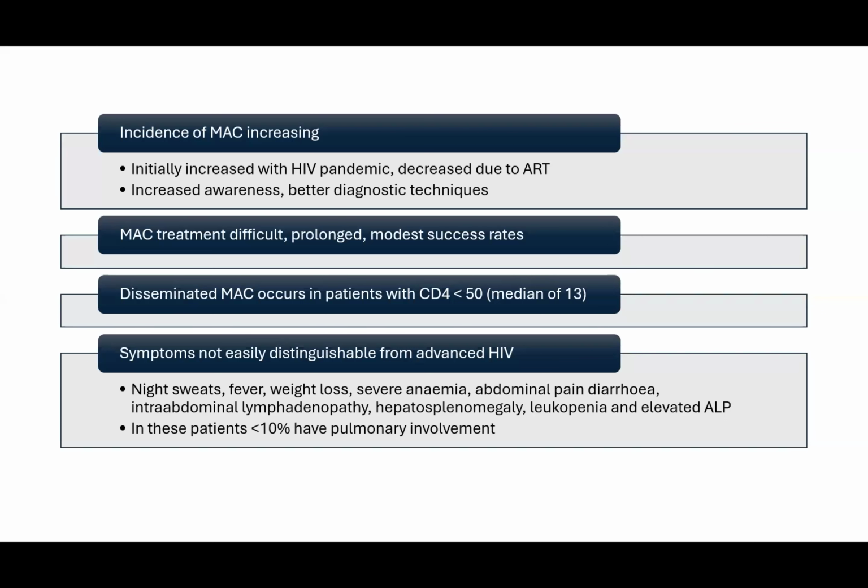Often a lot of abdominal symptoms, pain and diarrhea, intra-abdominal lymphadenopathy, and then ascites as well, hepatosplenomegaly, and certainly not always sensitive or specific, an elevated alkaline phosphatase as well. But it's difficult to diagnose, and you can't just go and treat someone for it, because it's also quite difficult to know whether it's just the HIV. But interestingly, I think in these patients who have the disseminated form, actually less than 10% have pulmonary involvement.